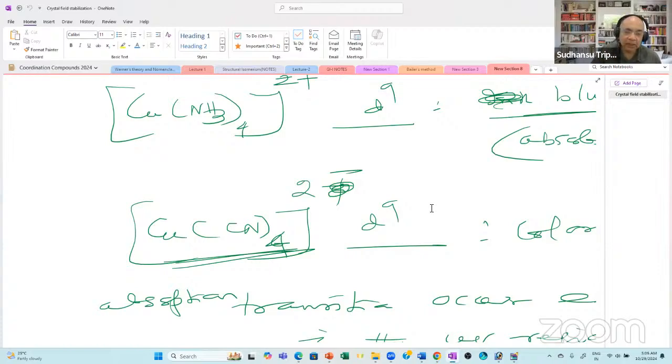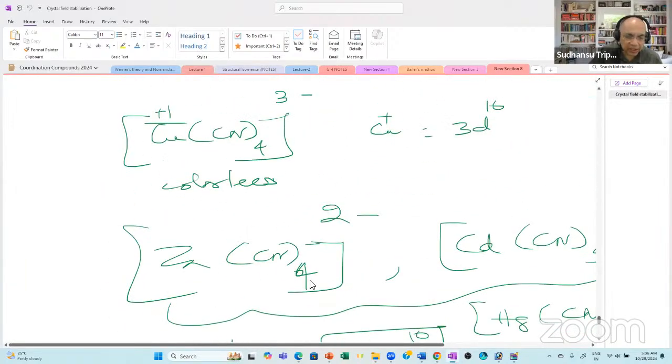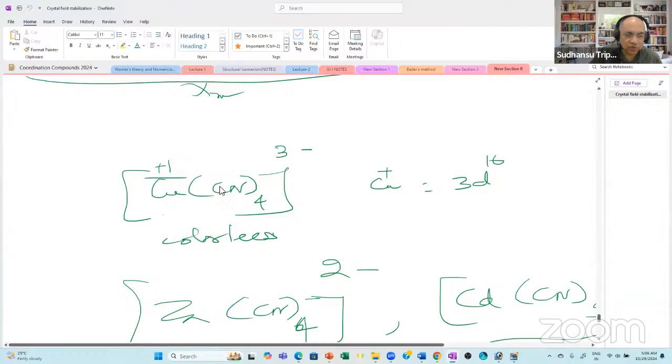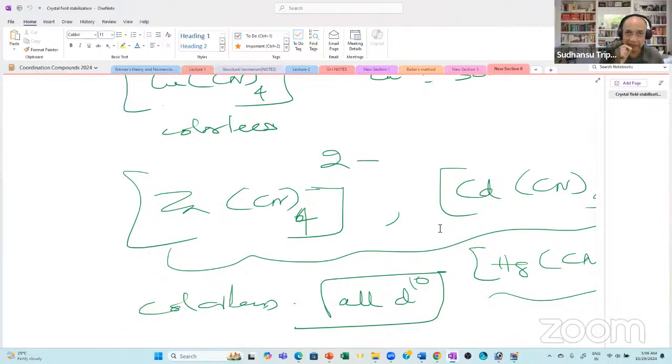And if somebody asks why [Zn(CN)4] 2- is colorless, why [Cu(CN)4] 3- is colorless, these are d10 configurations. d10 configuration has no role for d-d transition. Incidentally, they are also colorless. But they have a strong CTS which falls in the UV region. Since d is full, it has to be a metal to ligand charge transfer, MLCT.